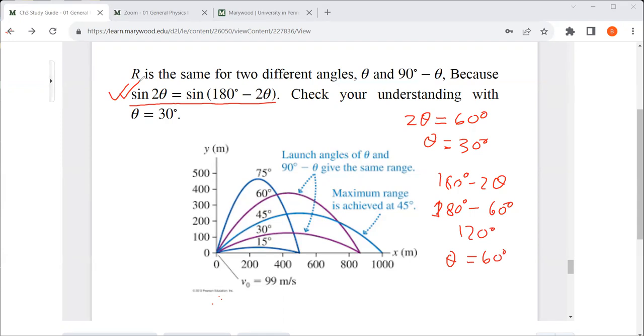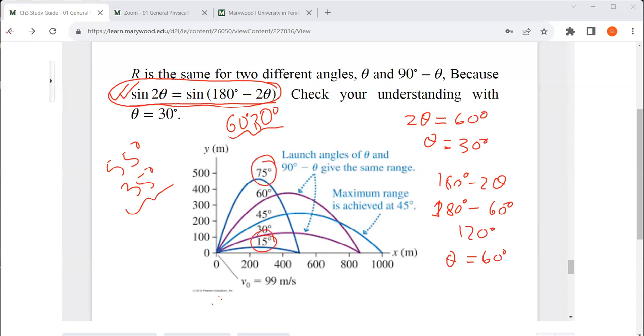Using this identity, we can show that for 60 degrees and 30 degrees, the horizontal range will be the same. Also we can show that for 55 degrees and 35 degrees the range will be the same, and so on. Here I also show 75 degrees and 15 degrees.